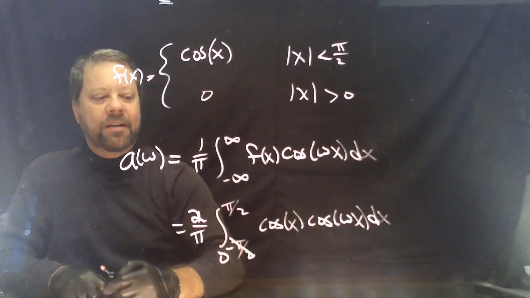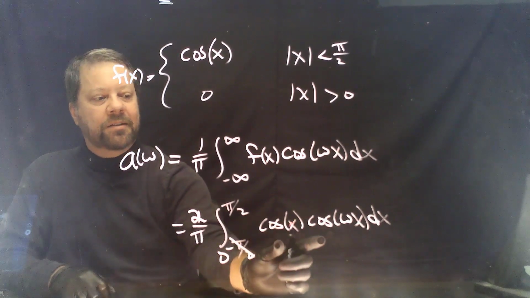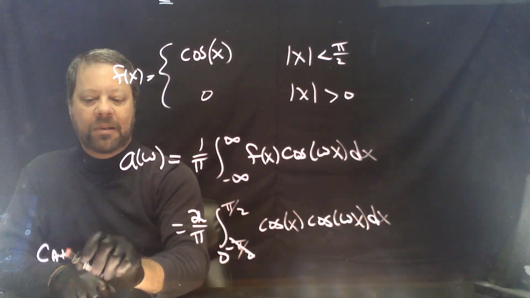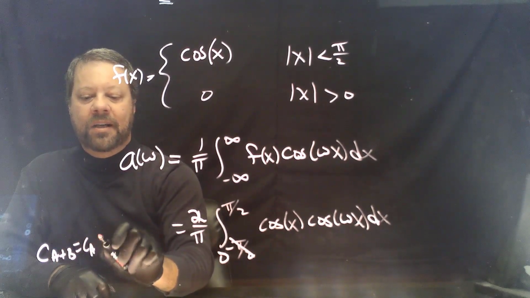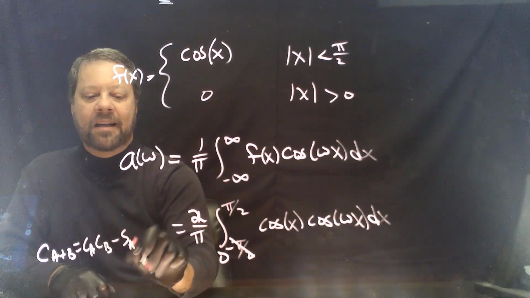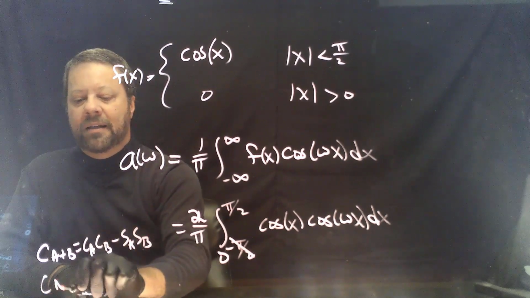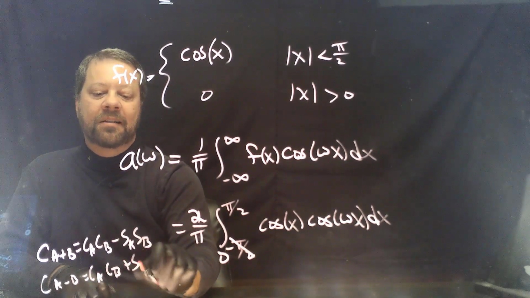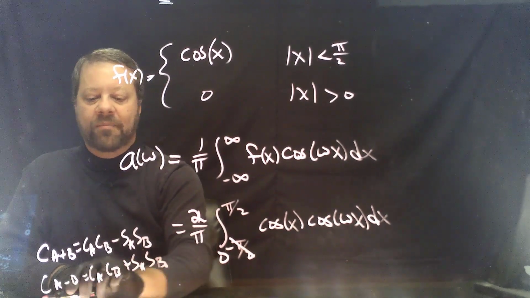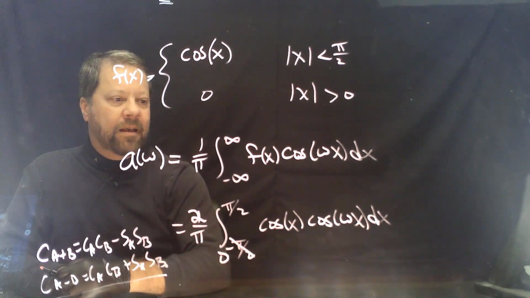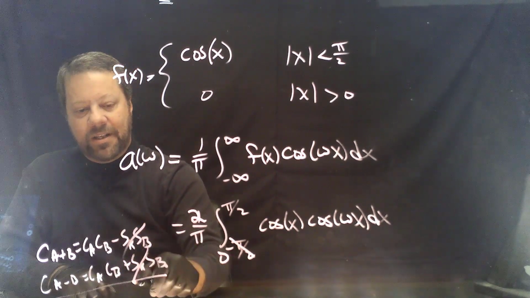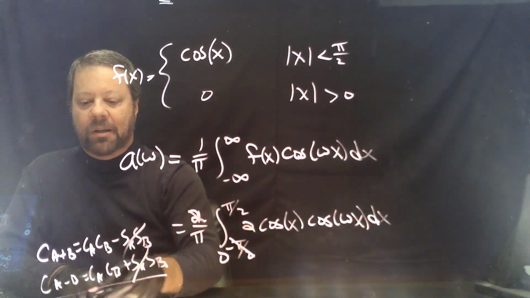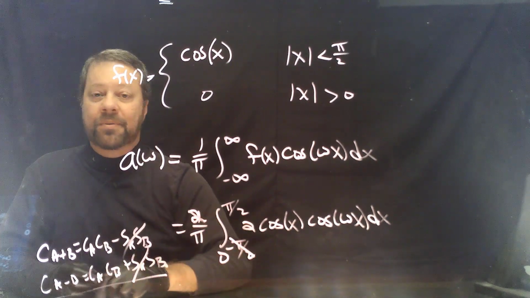It's at this point that we need to use a product to sum identity. You'll remember that cosine A plus B is cosine A cosine B minus sine A sine B. And cosine A minus B is cosine A cosine B plus sine A sine B. And so if we add these two, these will cancel out, and we'll need this too, because these will double up, and we'll just have the sum of those.